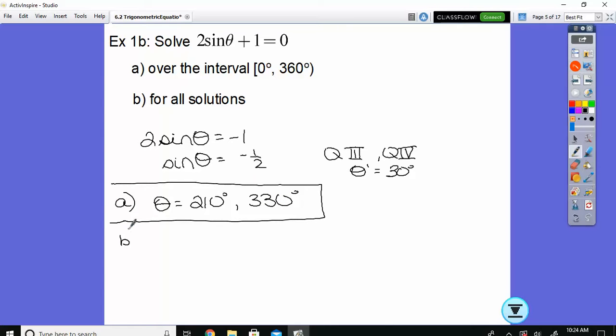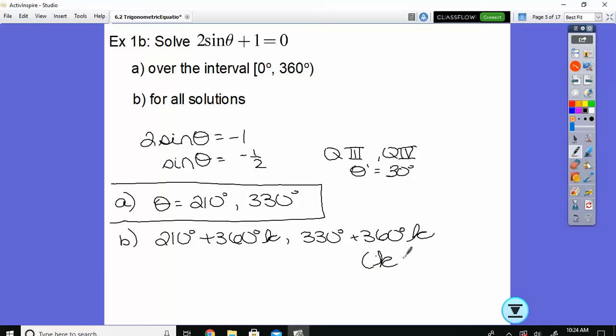How do I do part B, all possible solutions? We should state k is an integer value.